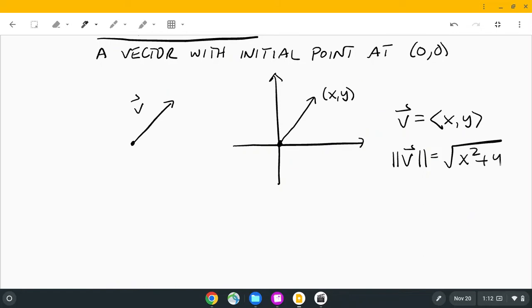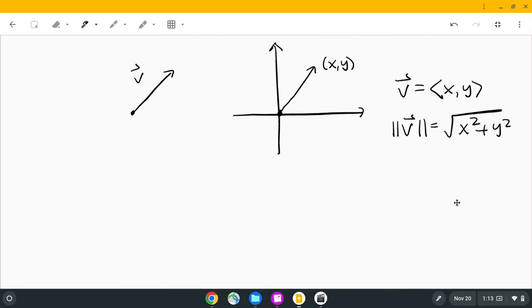So if you see a vector written like this, that means it's in standard position, which means that it starts at 0, 0 and goes out to this point x, y. And make sure you see the difference in the notation here, because remember, a point x, y uses parentheses. Vector x, y uses these funny symbols here.